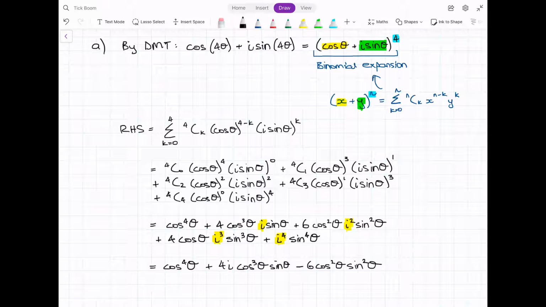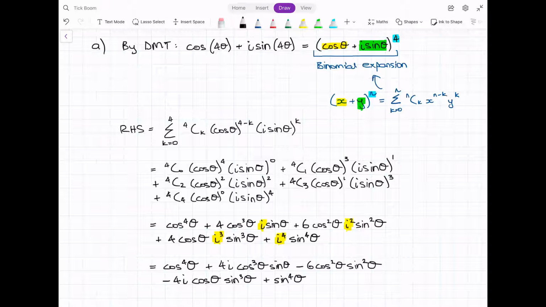And then the i cubed we can think of as i squared times i, which gives us negative i, so we'd have minus 4i cos theta sine cubed theta. And then i to the power of 4 we can think of as i squared times i squared, or negative 1 times negative 1, which becomes positive, so we just end up with a plus sine to the power of 4 theta.